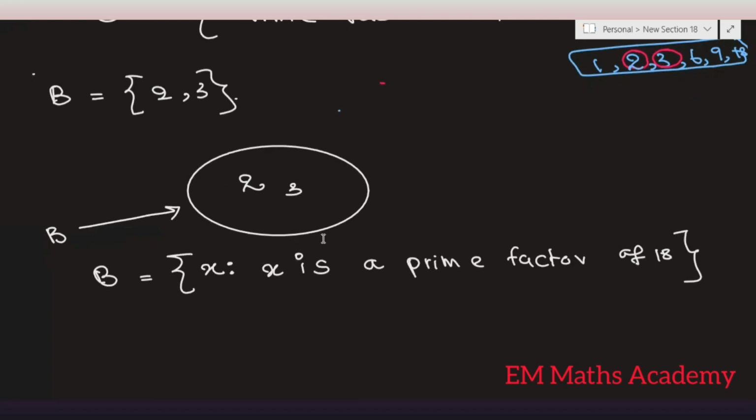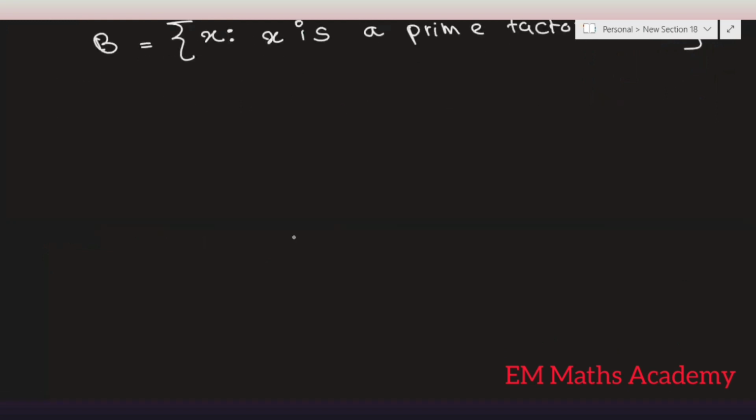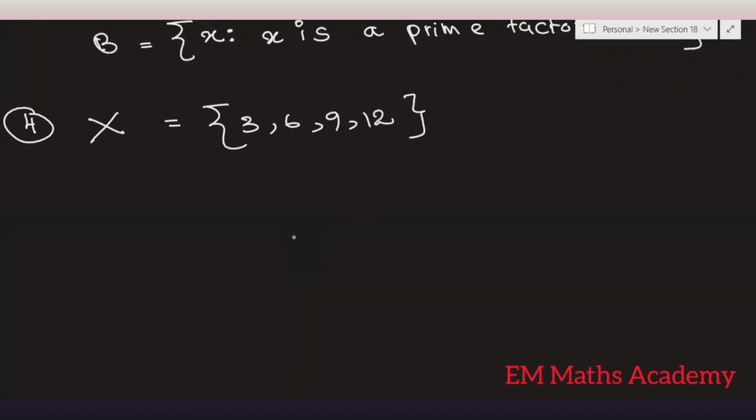Then let's take the last one, where the set is given in listing elements method. Capital X is given as 3, 6, 9, 12. In descriptive method, how do we write? Can any of you tell me what X is? Multiples of 3 between 0 and 15.